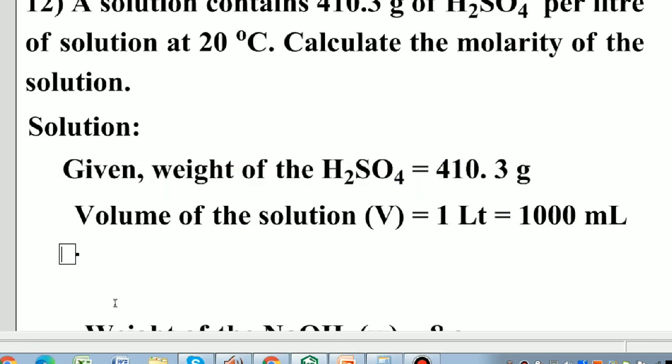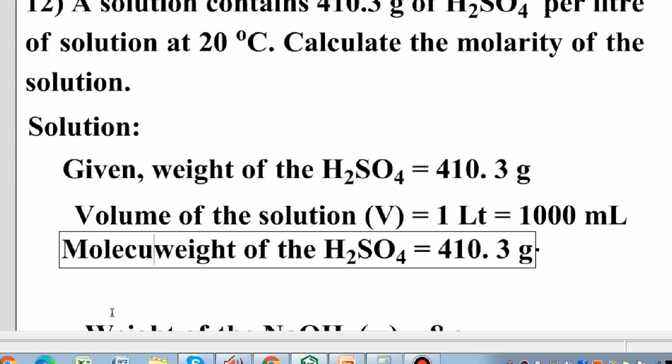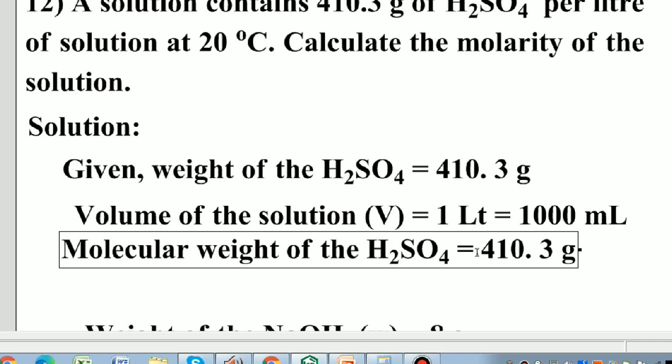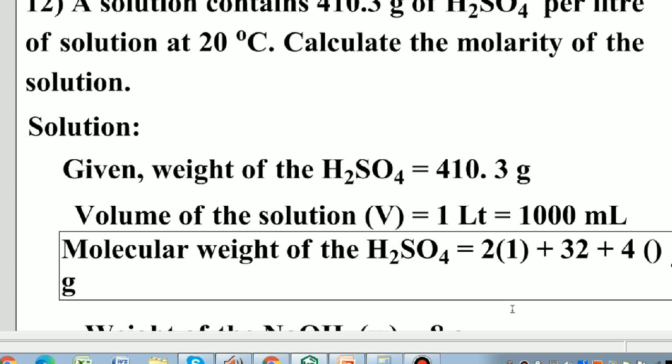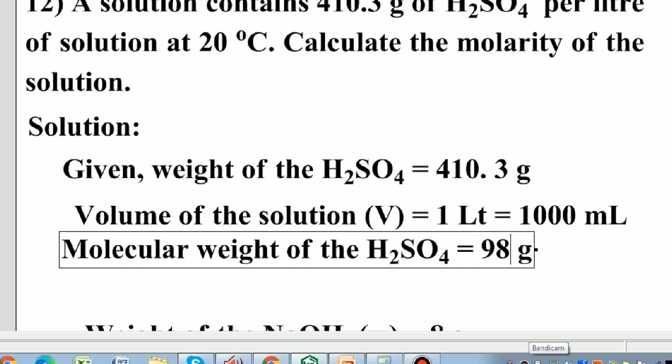We can calculate it: 2 into 1, the atomic mass of hydrogen, plus 32 for sulfur, plus 4 into 16 because 4 oxygen atoms are present. So 64 plus 32 is 96, plus 2 is 98. Therefore, the molecular weight of H2SO4 is 98 grams per mole.